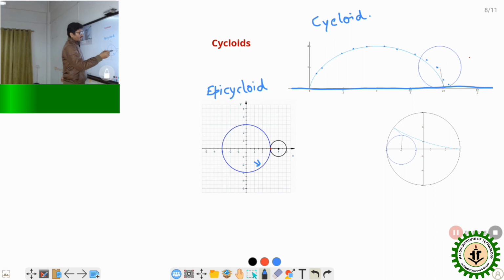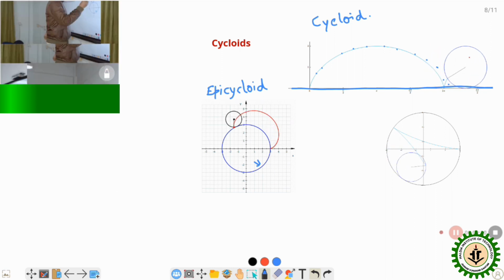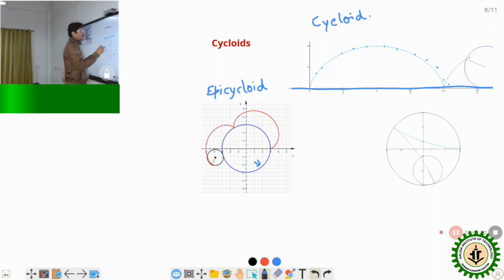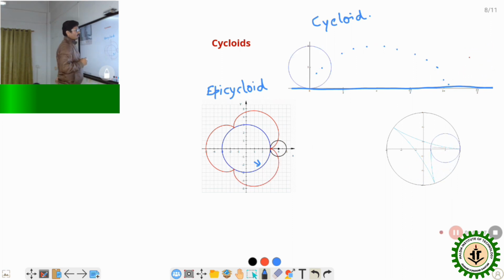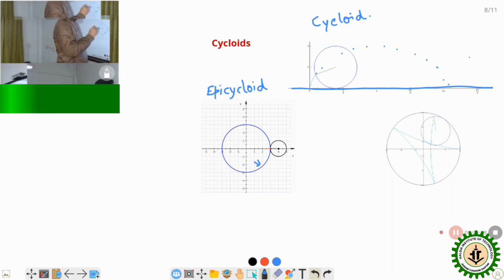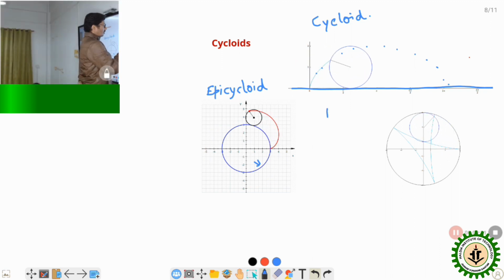That red curve which is generated due to the rotation of the smaller circle over the larger circle is known as an epicycloid. There is another cycloid known as the hypocycloid.